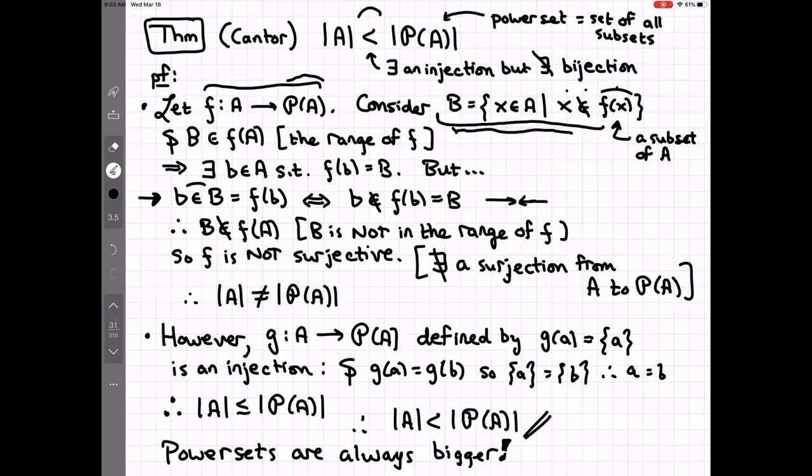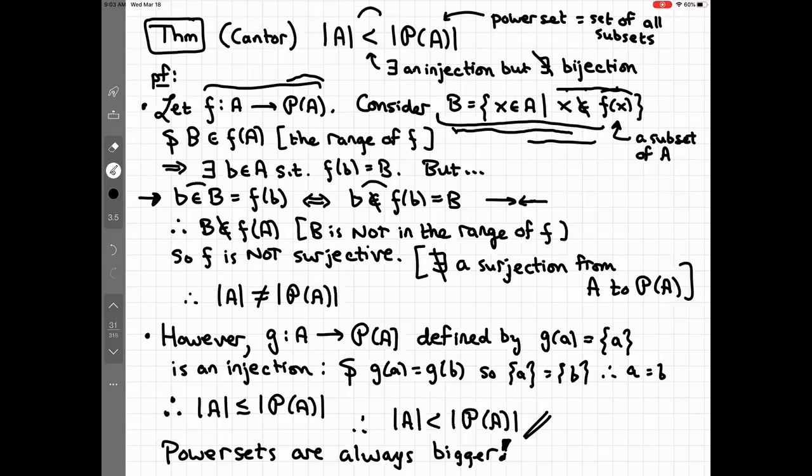But if we go back up to the definition, what does it mean to belong to B? It means that you don't belong to where you mapped to. So by definition, b would not belong to f of b, but hold up, that means that b would not belong to capital B.